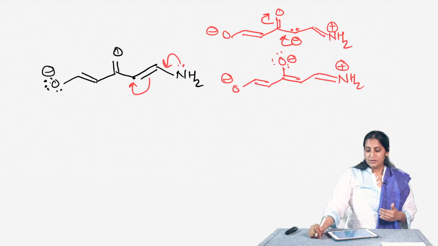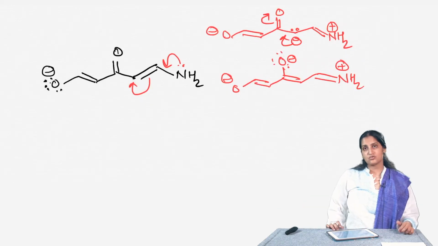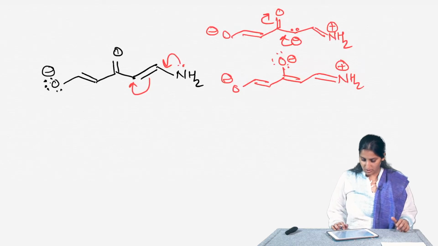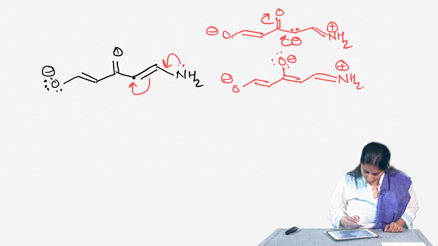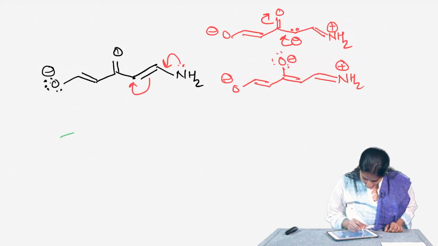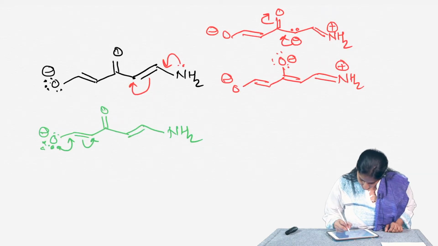You can again bring back the lone pair of electrons and go in the reverse direction. So, that is when you start from the nitrogen, or I can start from this oxygen at the other end. So, the oxygen, let me just redraw the molecule here. The oxygen here has a pair of electrons that can be moved here and this goes here.